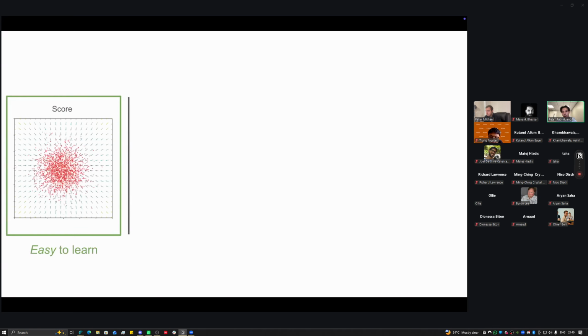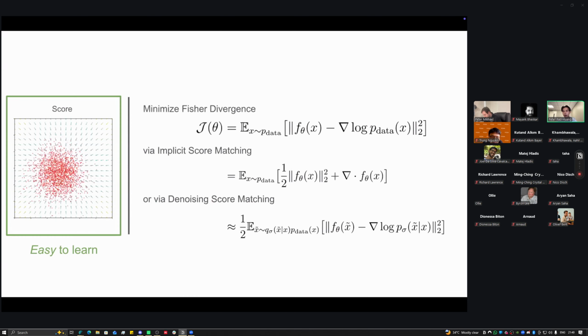With diffusion models, the score function is quite easy to learn. There's a wealth of literature that has given us quite established tools for learning the score function, which basically means minimizing something called the Fisher divergence. This term here is just the pointwise MSE between our learned vector field f_theta and the ground truth score function, weighted by our data density.